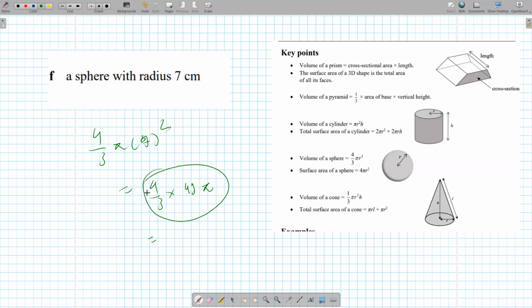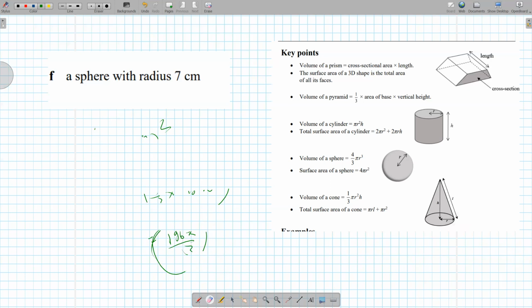You can just leave it as that, or you can work out 49 times 4 without a calculator. That's 50 minus 1, times 4. 50 times 4 is 200, 1 times 4 is 4, so it's 196 pi over 3, final answer. Or you can plug it in the calculator, but this is the exact value.